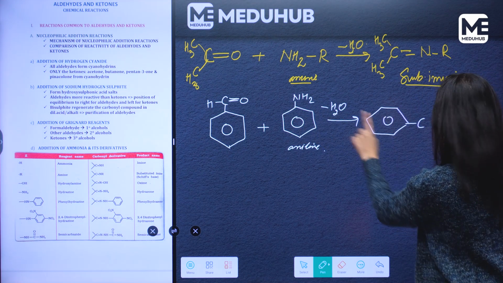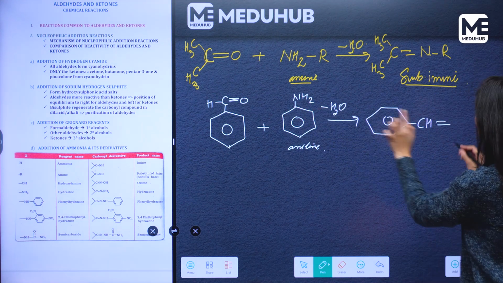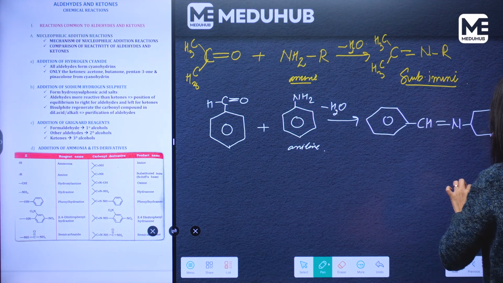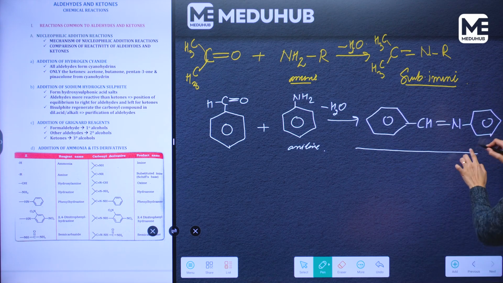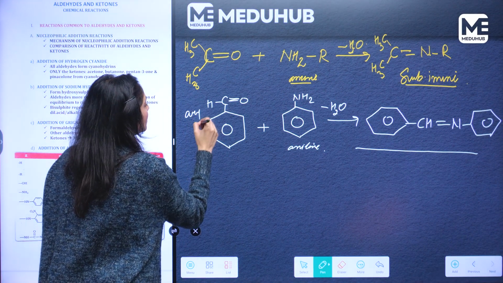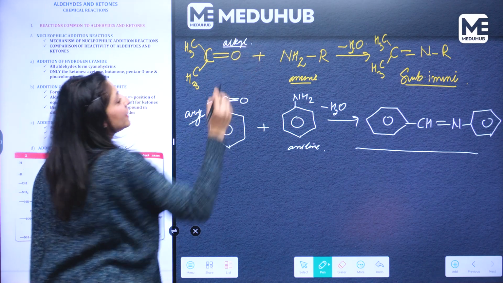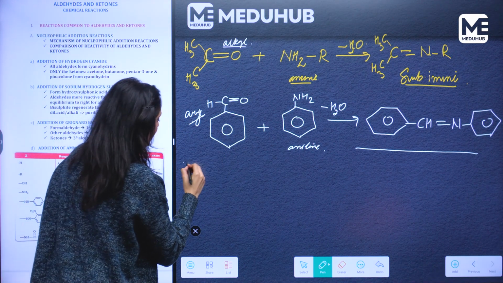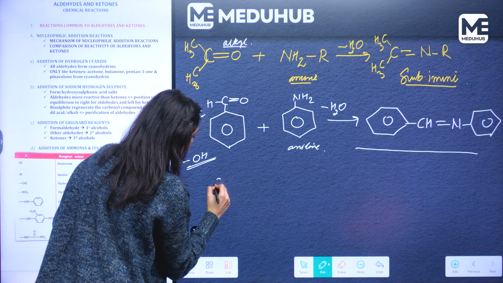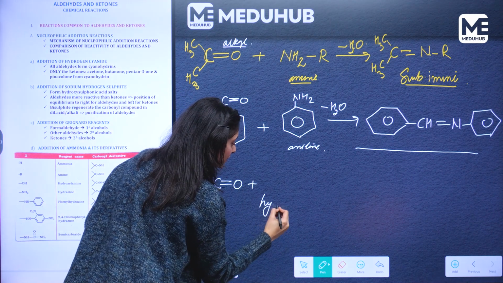This has carbon, double bond. This oxygen, these two hydrogens will go away and another benzene ring here. So this is the product when Z is an aryl group. Here an alkyl group was there, right? Next, if we have an OH group, that means reaction of a carbonyl compound with hydroxylamine.